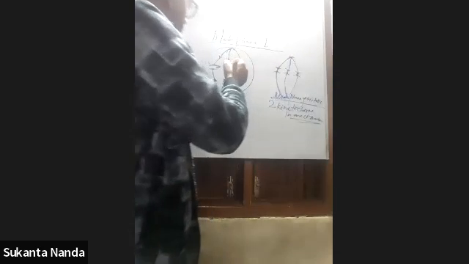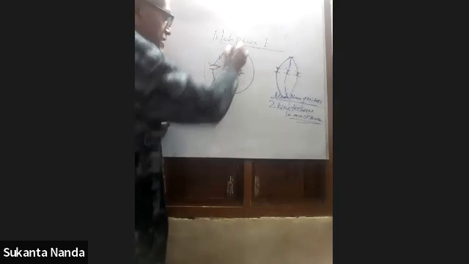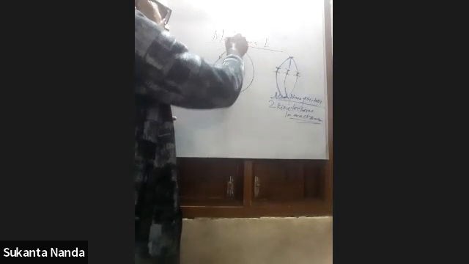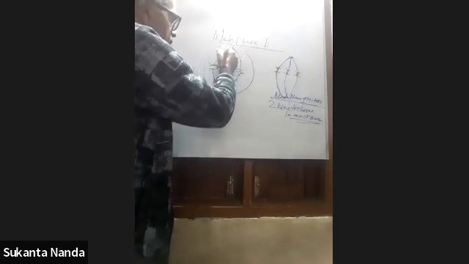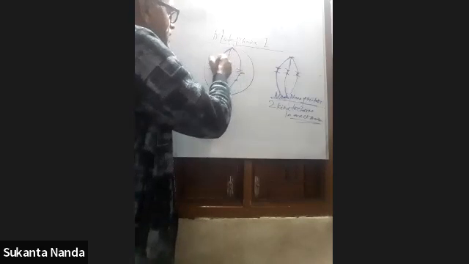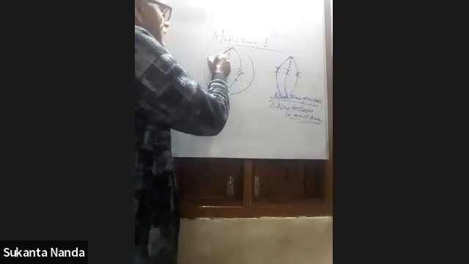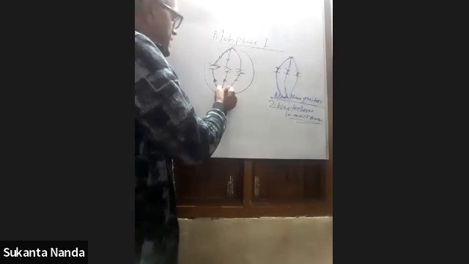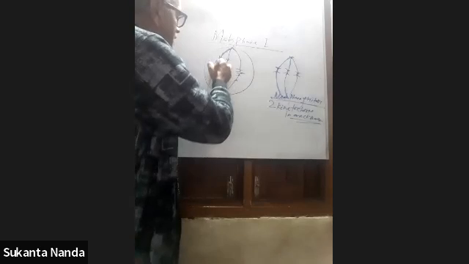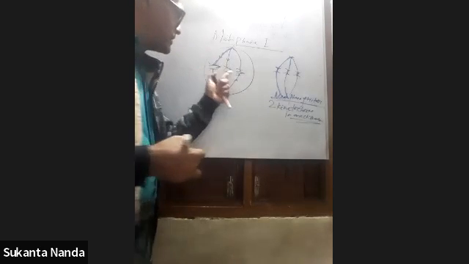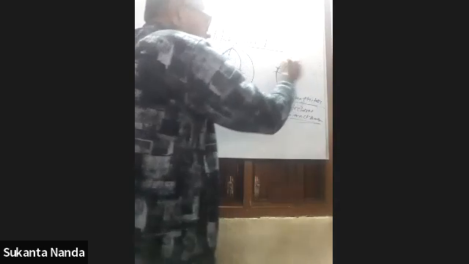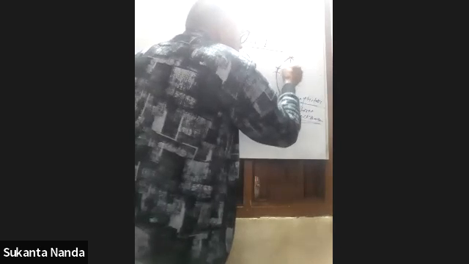But here, from the upper centriole, one spindle fiber joins one kinetochore, and another spindle fiber going from the lower centriole attaches to another kinetochore.